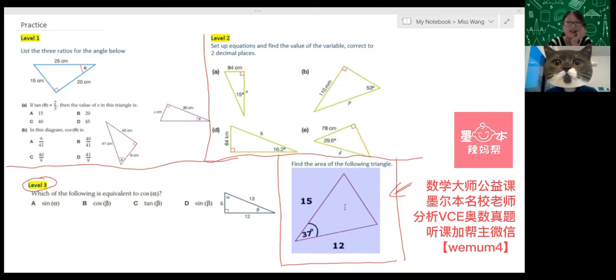Find the area of this triangle. You got that? Yes, one student. Can you send me your steps, your working out?